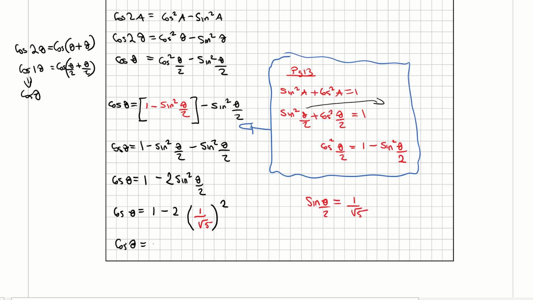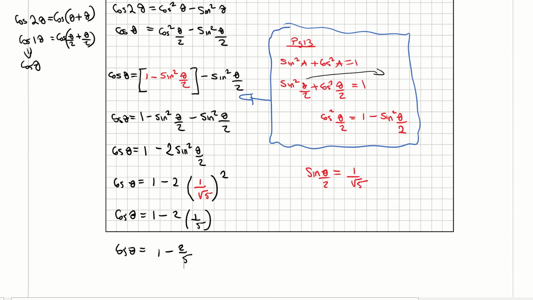So cos theta is equal to 1 minus 2 times 1 over 5. And that's giving me cos theta is equal to 1 minus 2 over 5. And 1 subtract 2 over 5 is 3 over 5. So the question wanted us to use the formula to find the value of cos theta. Well, cos theta is equal to 3/5.